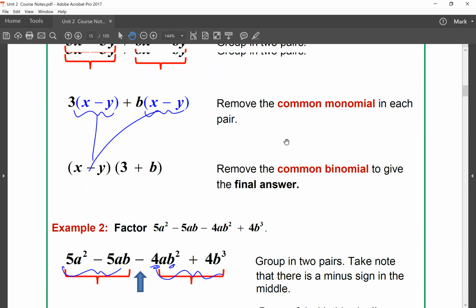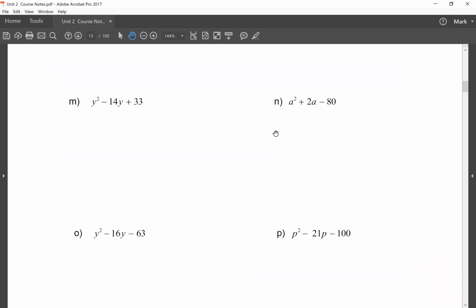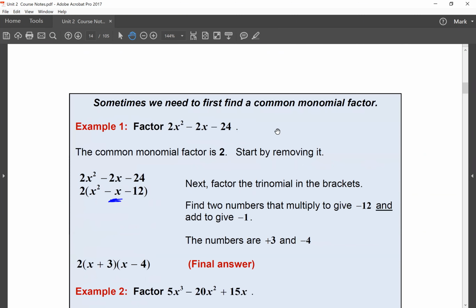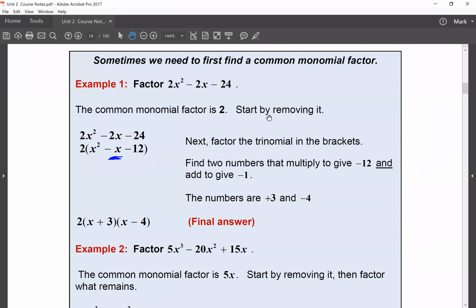These trinomials, and I'm scrolling up for a reason, will look different than, say, this example. When I say trinomial, I mean 3 terms. When you see a trinomial of this form, it won't have a GCF to remove.